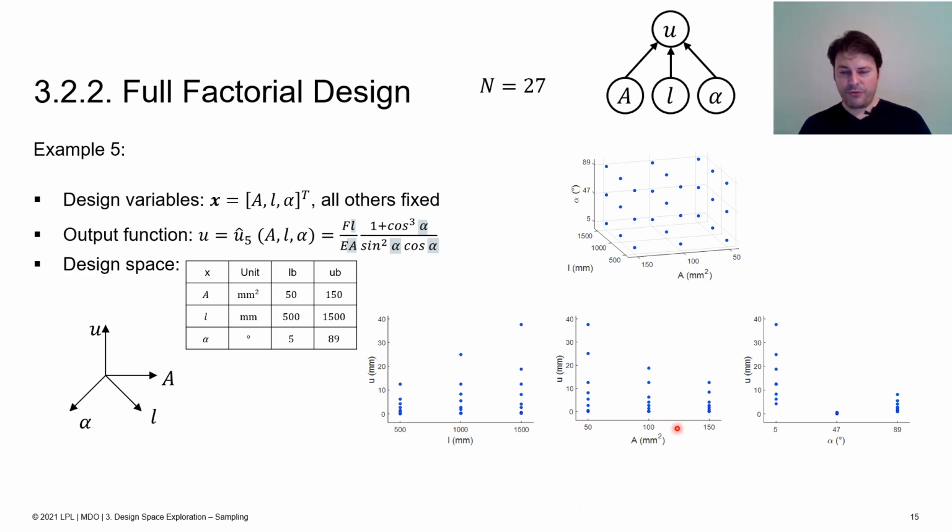The same is true for the cross-sectional area A. If you make A large enough, you can reduce your displacement to a value below something like 15 millimeters.